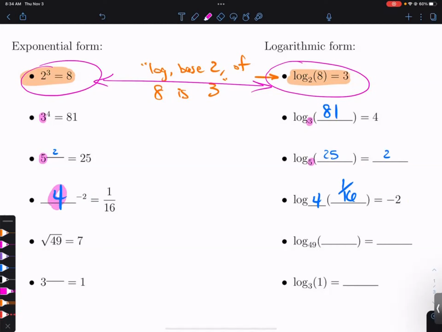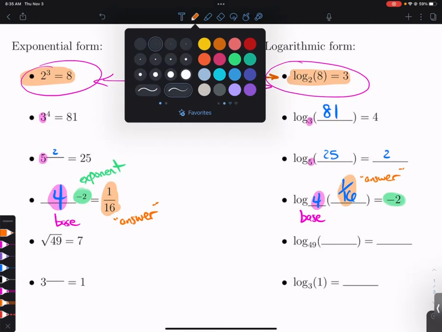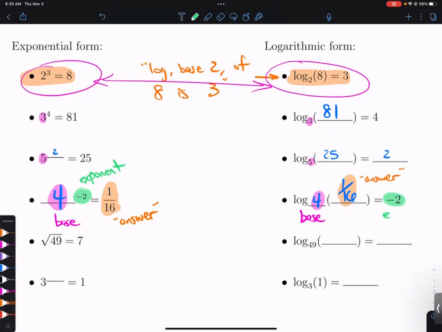So again, base, answer, and exponent. I write answer like that because it's the outcome of doing the exponential thing.